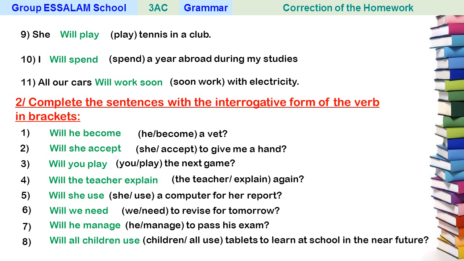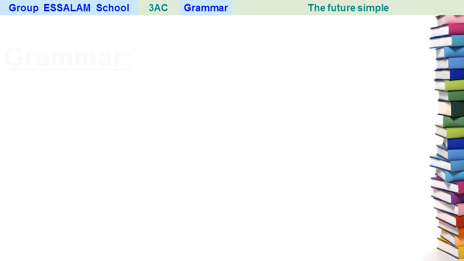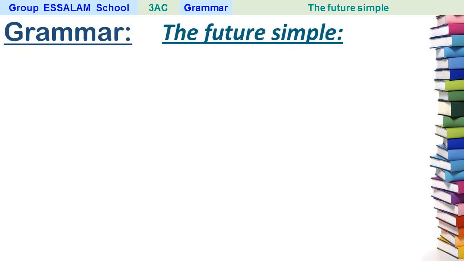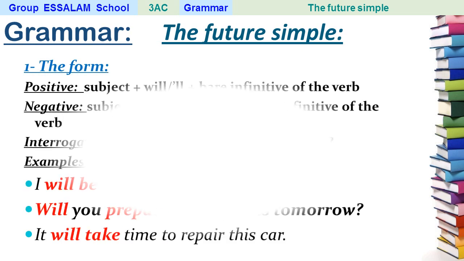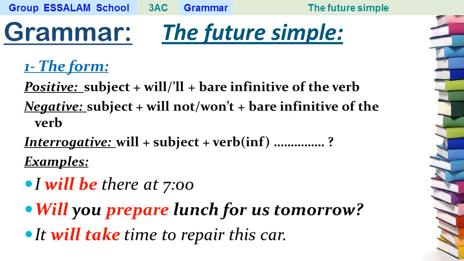So these are the answers, and that's it. I wish that you understand the lesson very well. But before ending this video, please guys, take your copybooks, part of lesson. You should write the lesson because it's really essential. So write first of all the date and write the title, grammar, the future simple, then copy this rule.